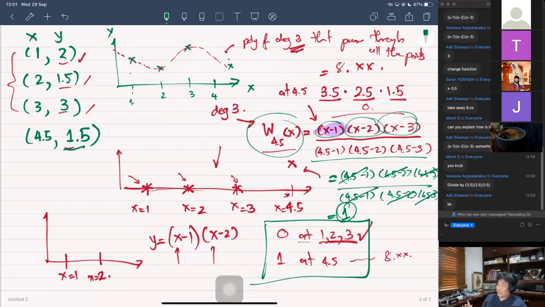This polynomial that you just constructed has two very important properties. It is 0 at all the other points, but at the point you want, 4.5, the value is exactly 1. Any questions so far? Like how does this even work? We're going to assemble things together, and it's going to become very magical to you when we put things together.